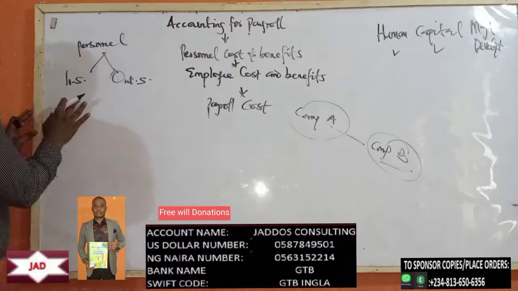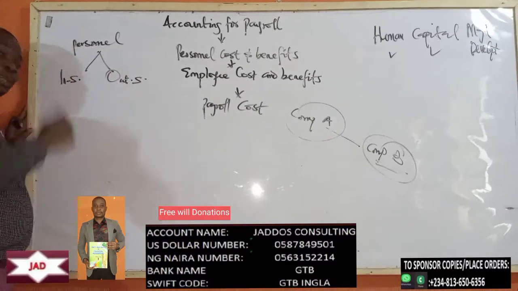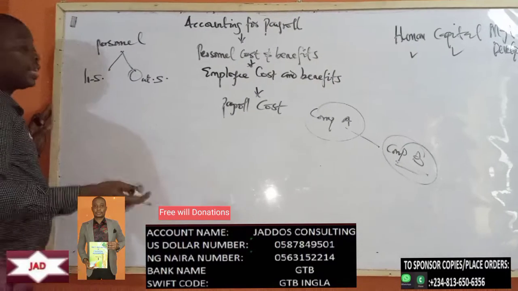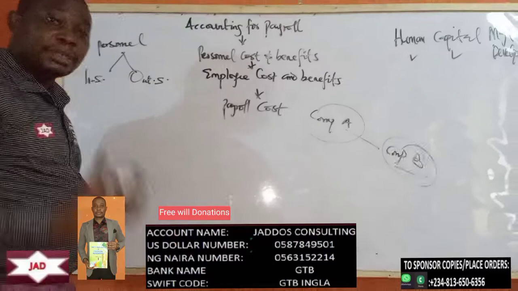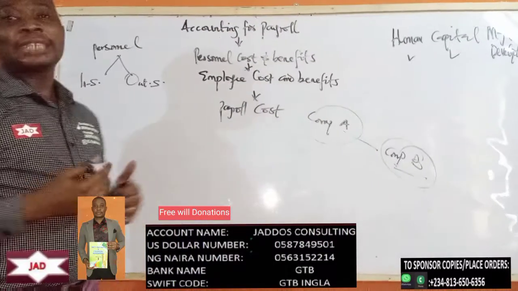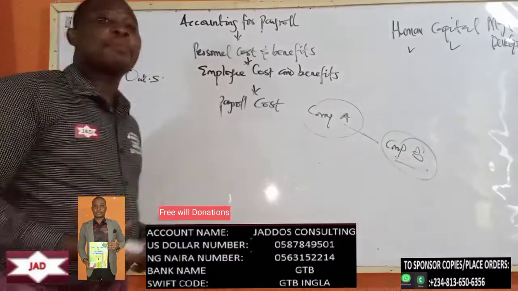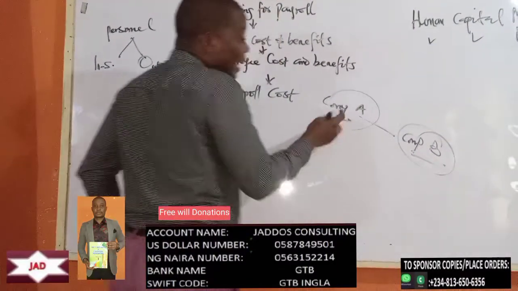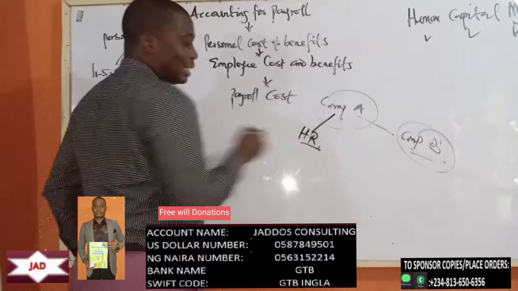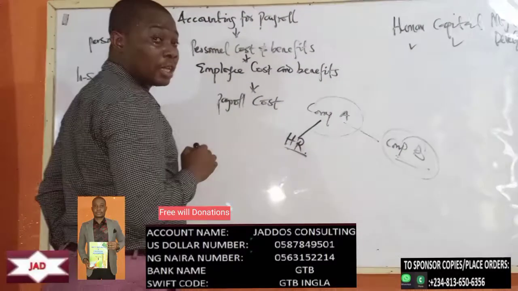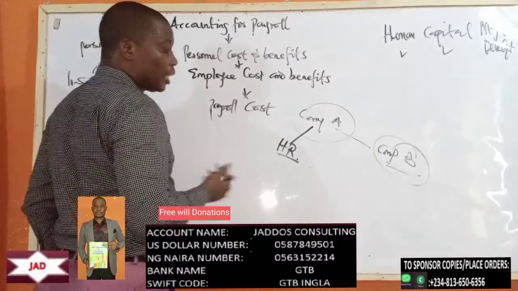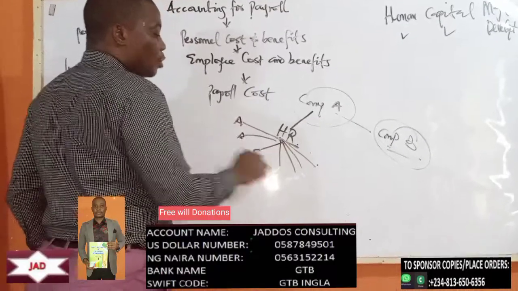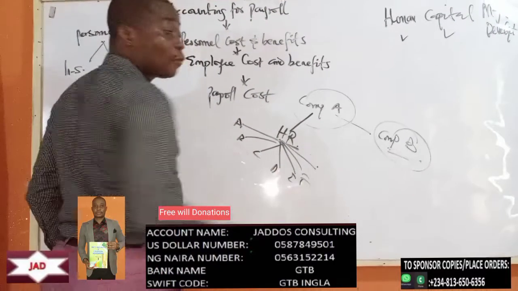Okay, so what we've explained here is for outsource. Now for in-source, the company gets an individual, usually the HR, to take up the responsibility of employing staff or workers when required by the organization. So instead of company A giving the job to company B, company A gets someone called the HR, or human capital head, to be responsible for getting every employee required to work for the organization.